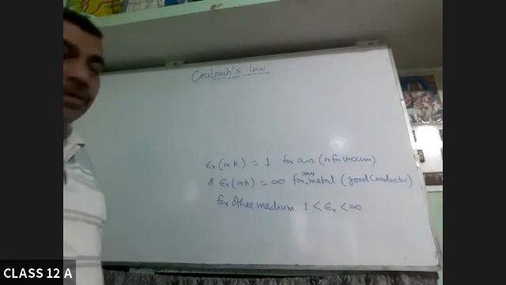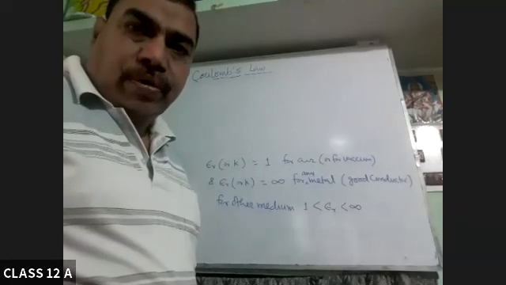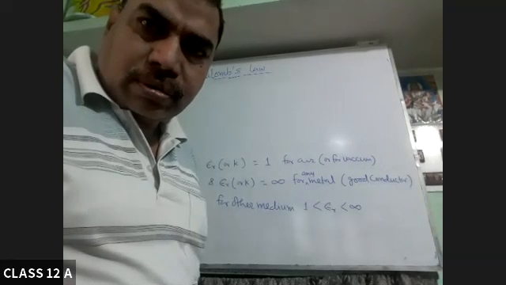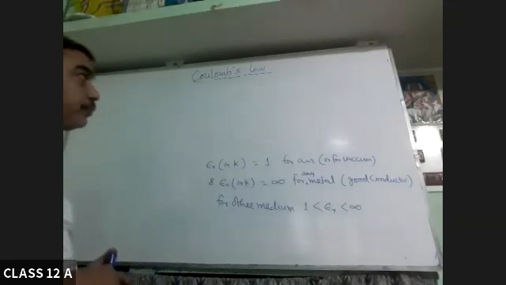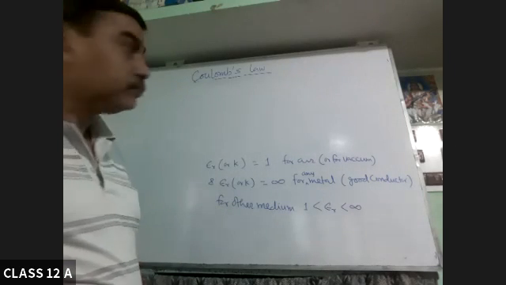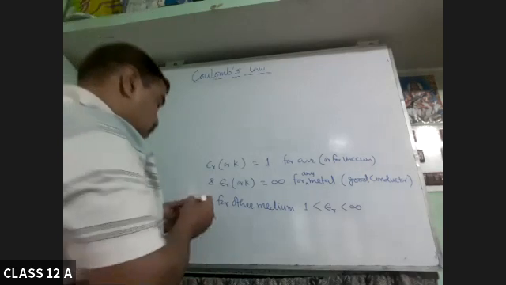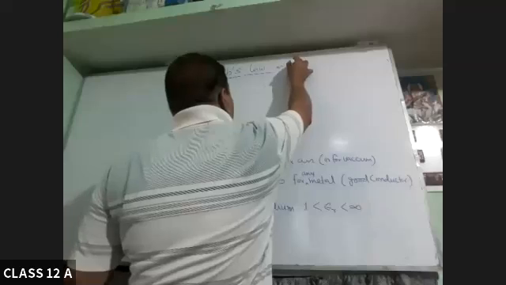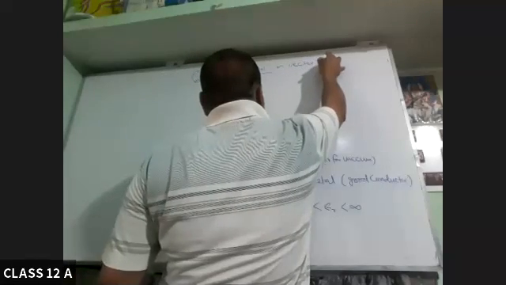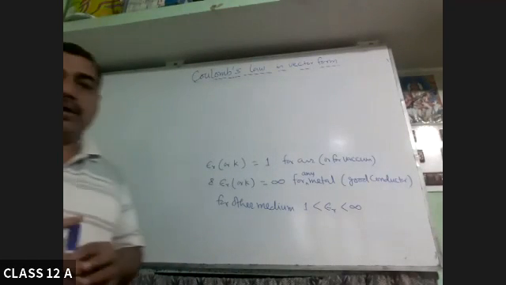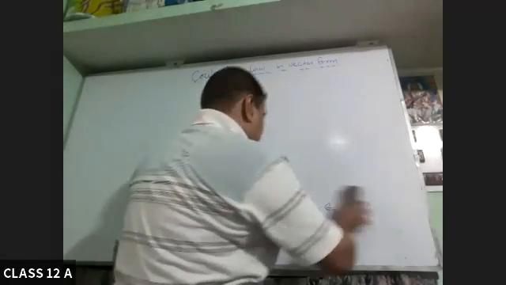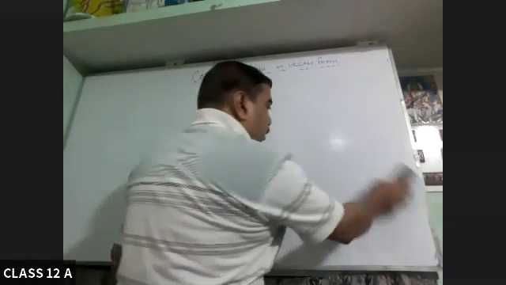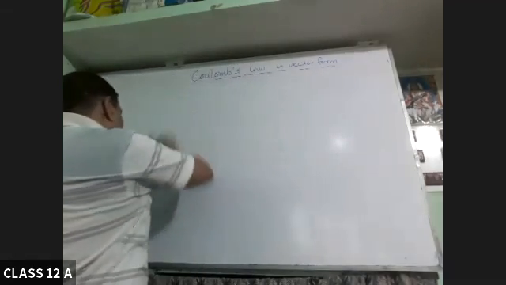Now Coulomb's law in vector form. It is force experienced, so naturally it will have direction also. So we have to represent the magnitude as well as direction both.